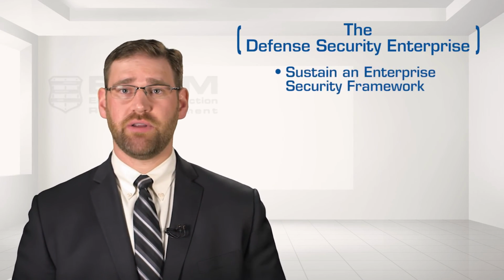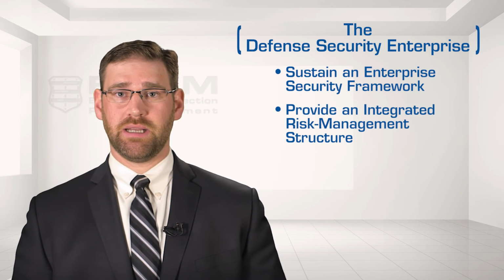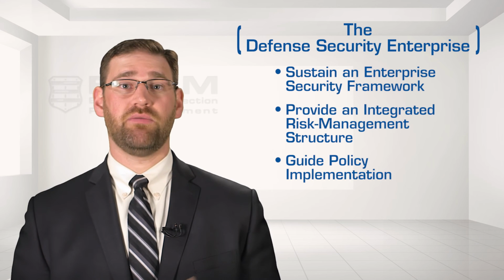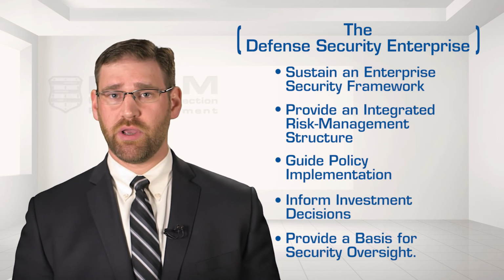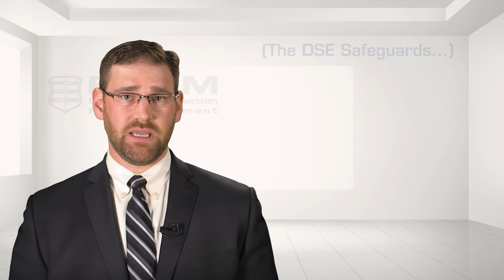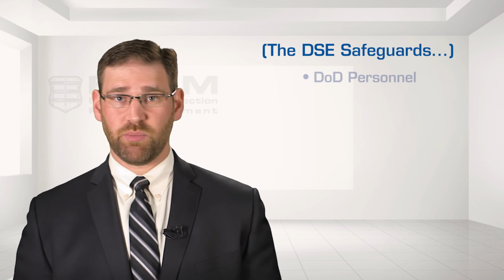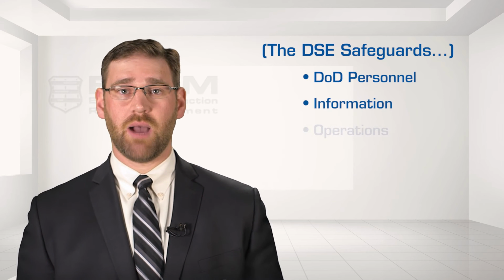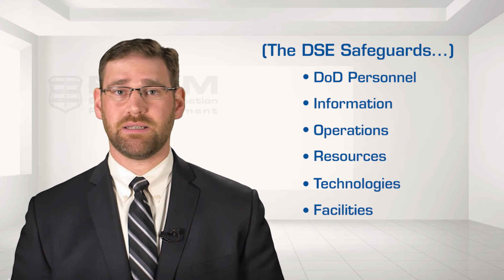The DSE was developed to sustain an enterprise security framework and to provide an integrated risk management structure to guide policy implementation, inform investment decisions, and to provide a sound basis for security oversight. The DSE includes the organization and infrastructure to safeguard DoD personnel, information, operations, resources, technologies, and facilities against harm, loss, or hostile acts.